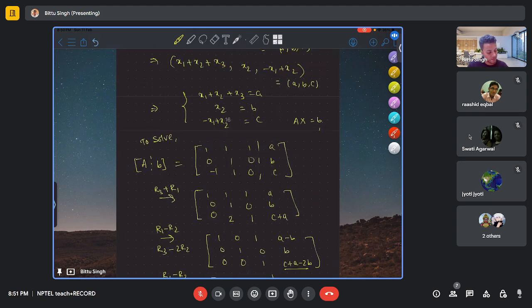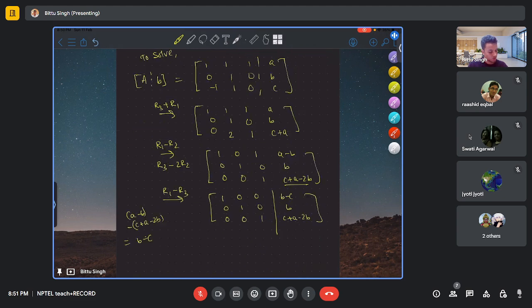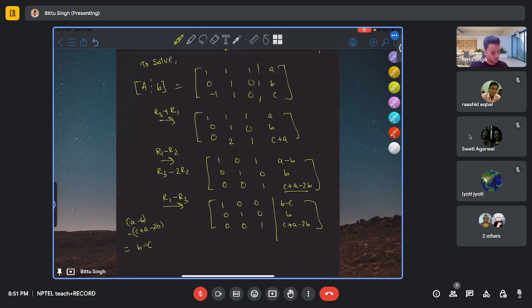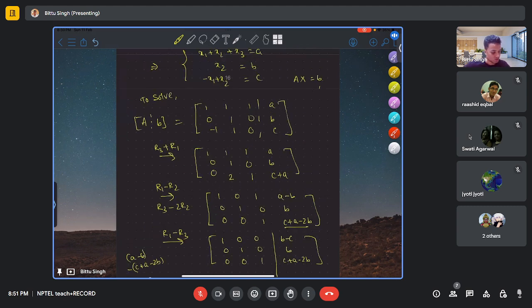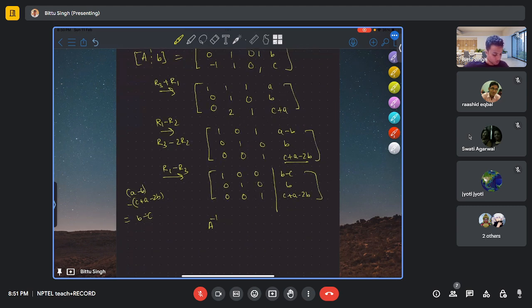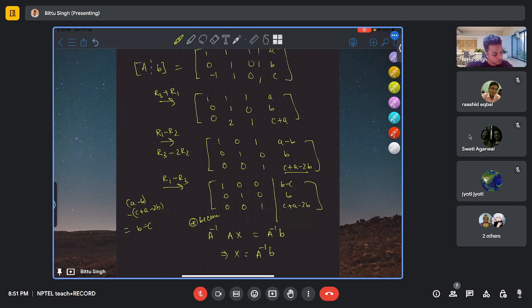Okay, this Ax equal to b. Actually we have performed A inverse. We have multiplied A inverse on both sides. So this equation star becomes A inverse times Ax equal to A inverse b. That is x equal to A inverse b, and this is that x.